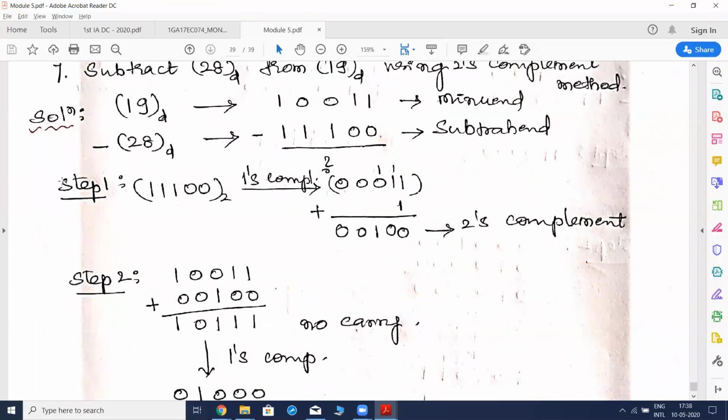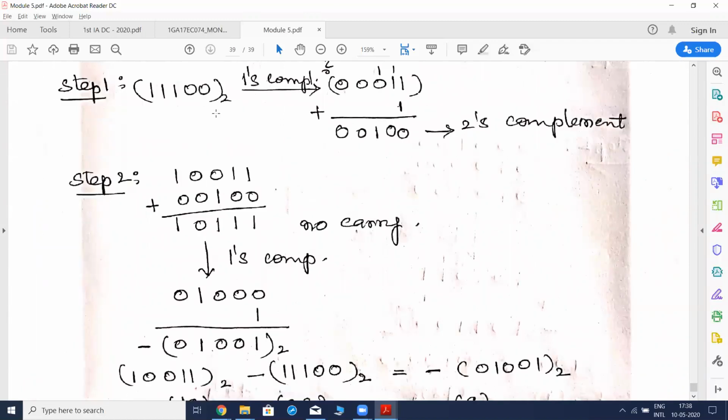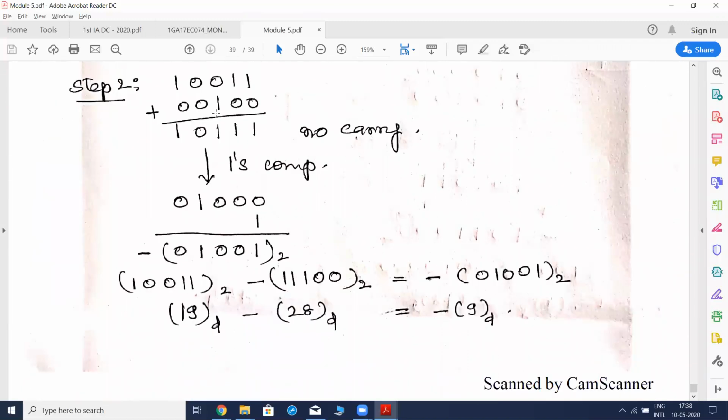Here previously it was already done, so that's why I've directly taken it. But you are supposed to convert the decimal number into a binary number, and then proceed. This is the result that we are going to get. So it is 19 decimal minus 28 decimal. We are going to get minus 9 decimal.